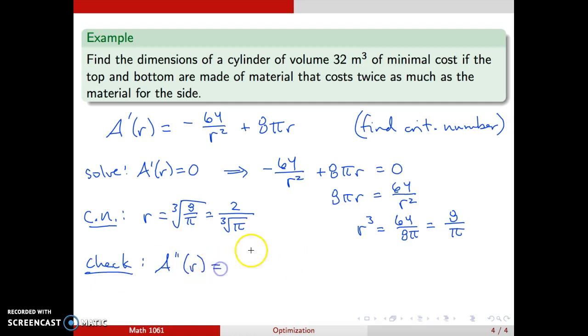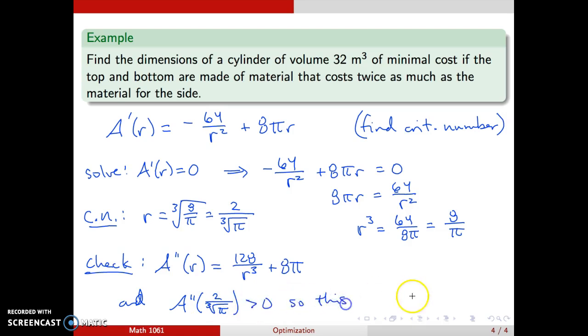The second derivative is going to be 128 over r cubed plus 8 pi, and that is going to be positive. So this corresponds to a local min. It's the only one, so it would be our absolute min over the region we're looking at.